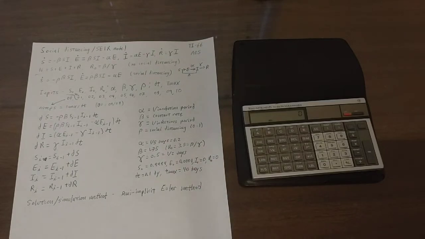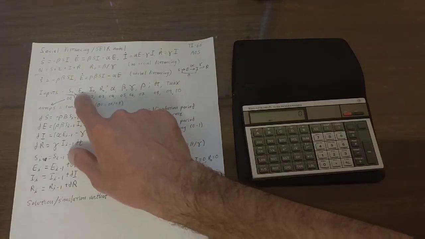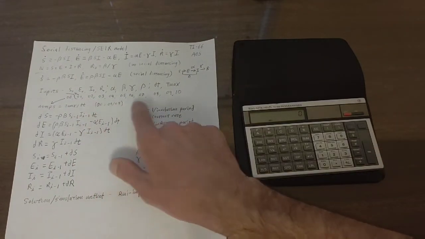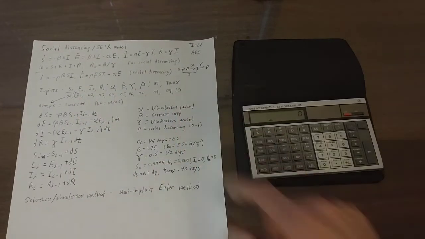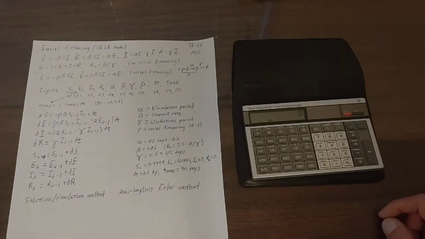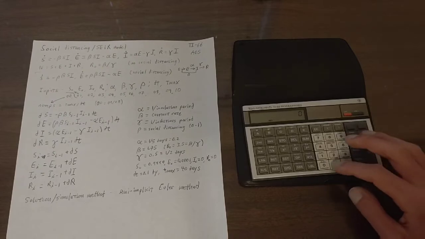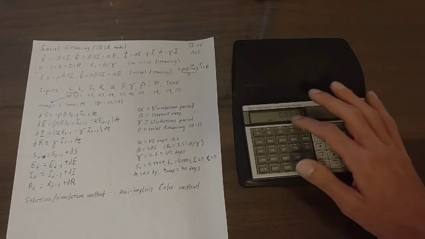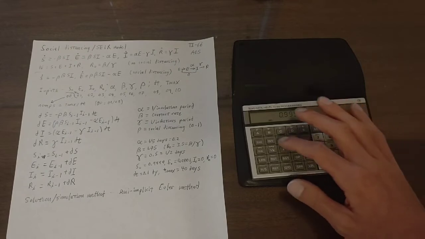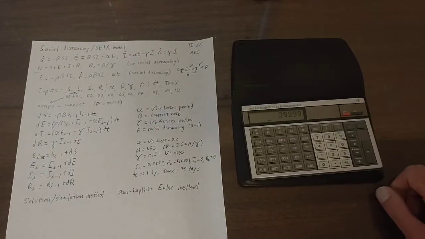So I'm going to go ahead now and enter it into this calculator. I have a listing in the description, but for now I'm going to enter the starting values for those parameters in registers 01 through 10. Okay, so starting susceptible, 0.9999, I'll store in 01.